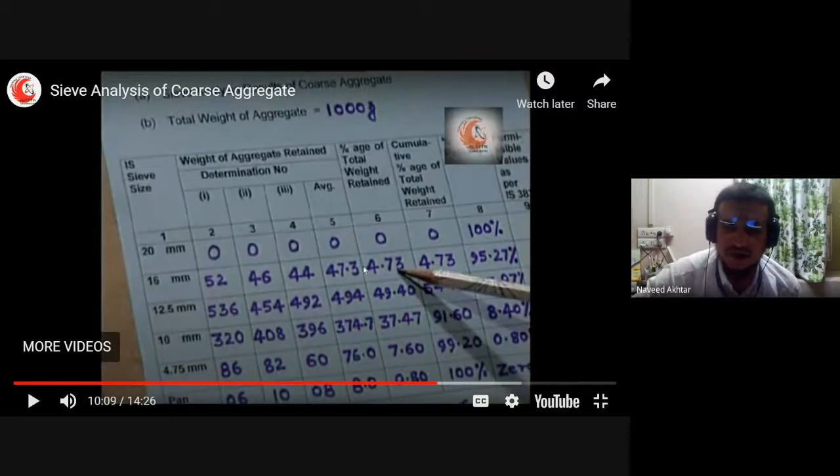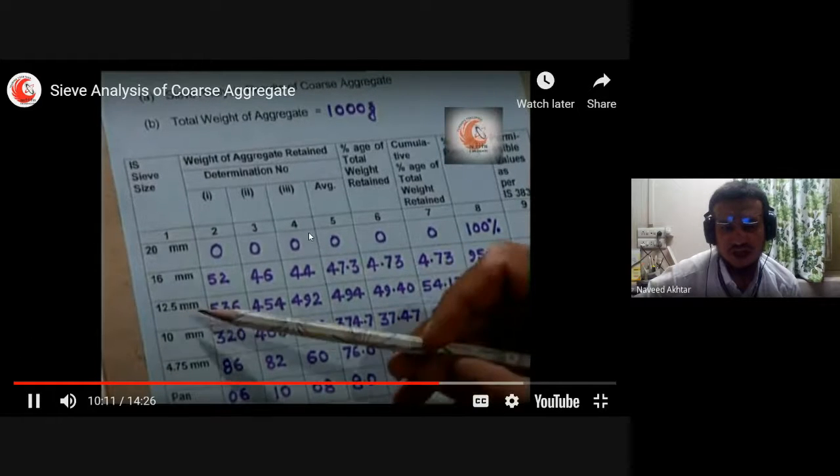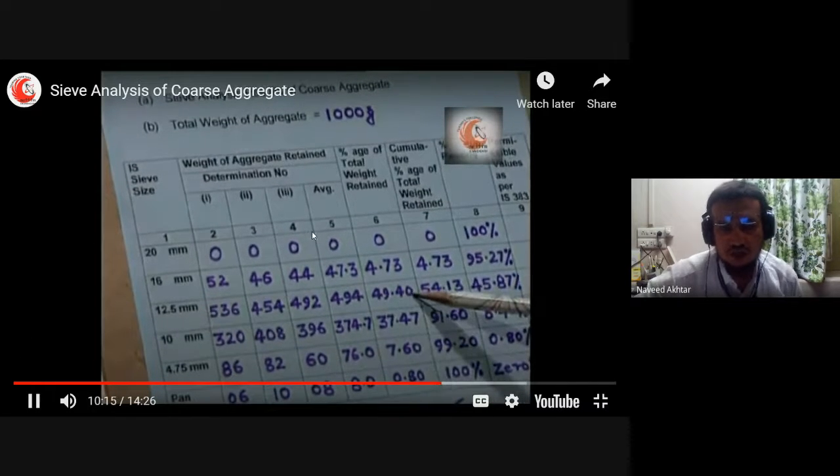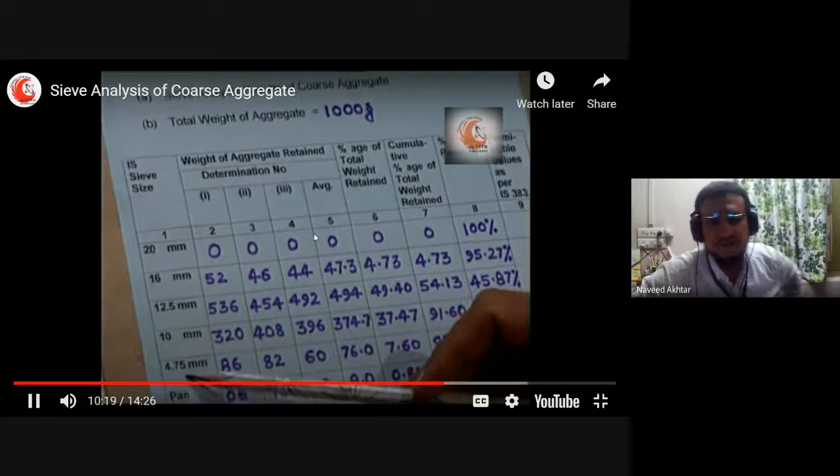Percentage of total weight retained: 47.3 grams, total weight of aggregate 1000 gram, so 47.3 divided by 1000 into 100 will give 4.73 percentage. That is the percentage weight retained. Then for 494 gram on the 12.5 sieve, you can find the percentage retained by dividing by the 1000 gram you have taken, into 100. Similarly, you have to find the percentage retained for each sieve.